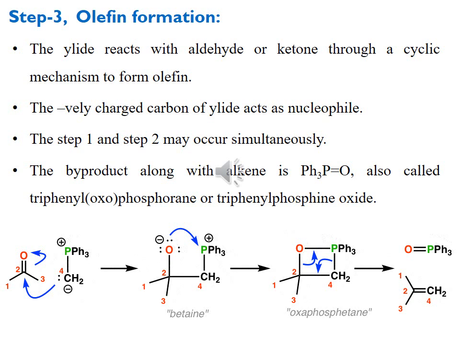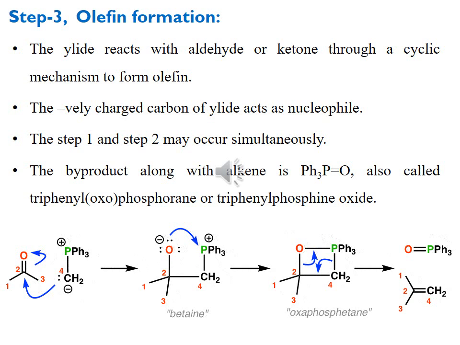These first two steps, that is the attack of the nucleophile on the electrophilic carbon and then attack of the oxygen on the phosphorus to form a cyclic structure, can occur simultaneously. Simultaneously means at the same time. In the last step, this oxaphosphetane is broken into two products in a cyclic manner.